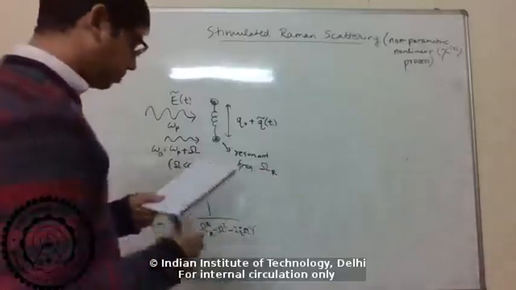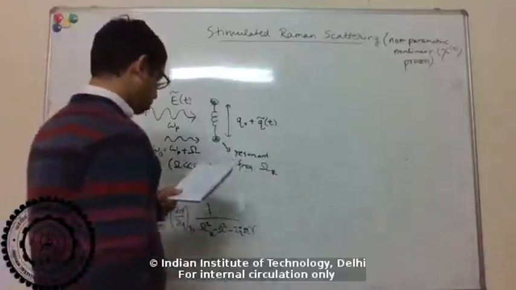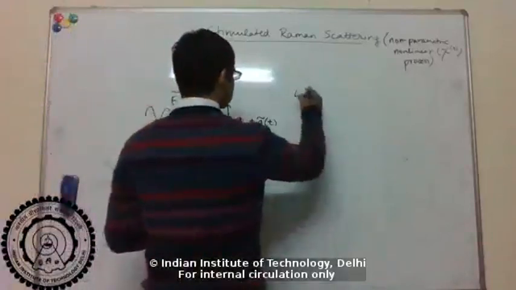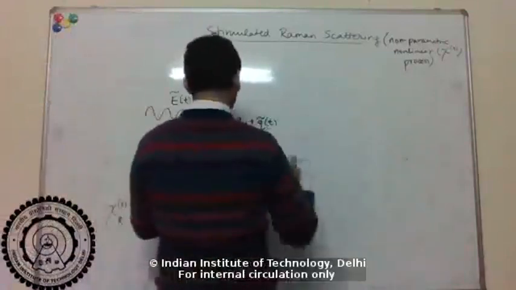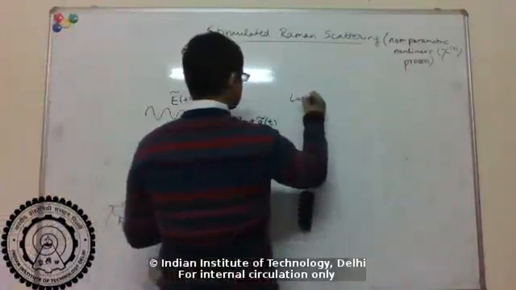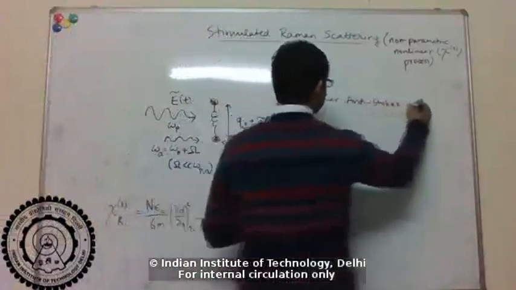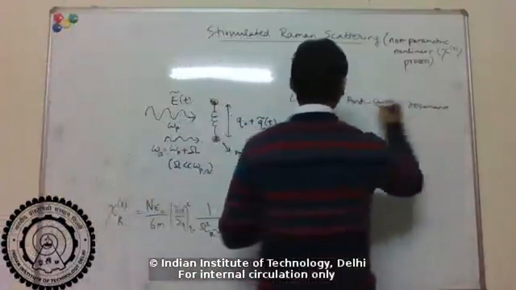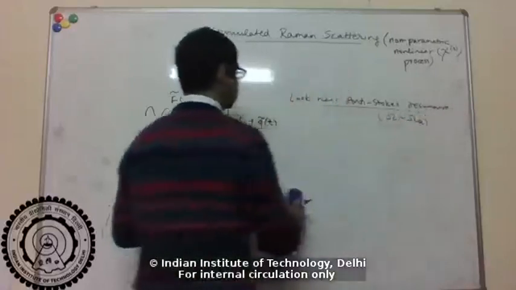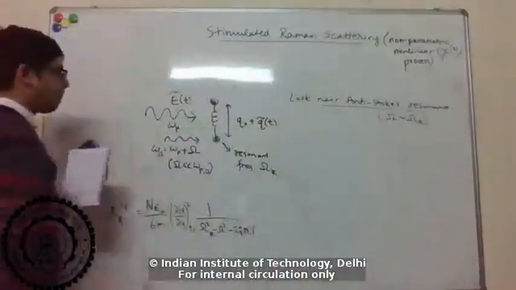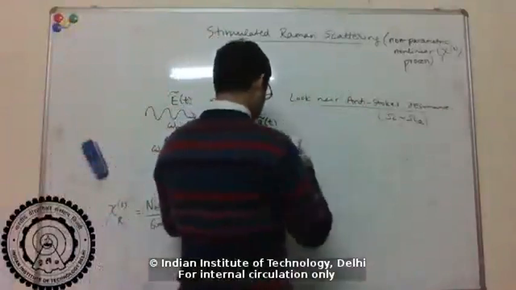So again, to look near the anti-Stokes resonance, basically omega close to omega r. Same thing here.